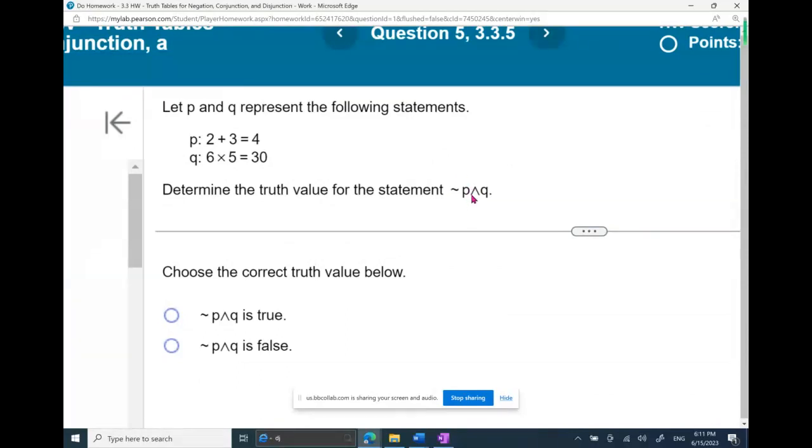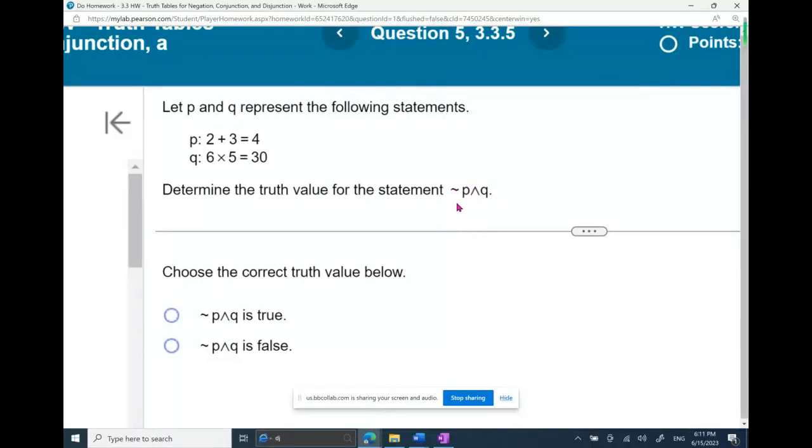The first component is not P, the negation of P. The second component is Q. The truth value of this conjunction depends on the truth values of the 2 component statements.